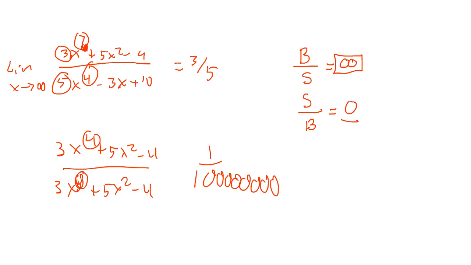It equals basically 0. So these are the things you have to remember. Big over small, infinity. Small over big, 0. And if they're exactly the same, you just take the numbers out in front. Okay? Yes or no? Can I go on to some practice problems?